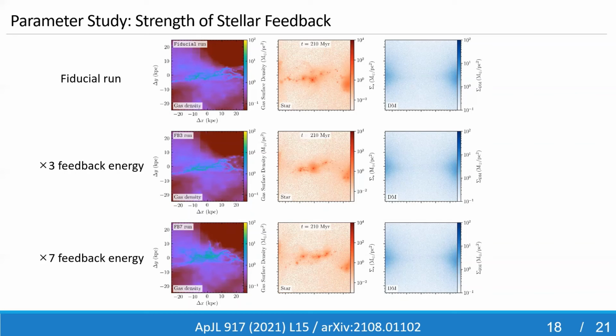Also, the number of star clusters is slightly less in the stronger stellar feedback run at the bottom. So you can say that stellar feedback affects the formation of DMDG and star clusters.